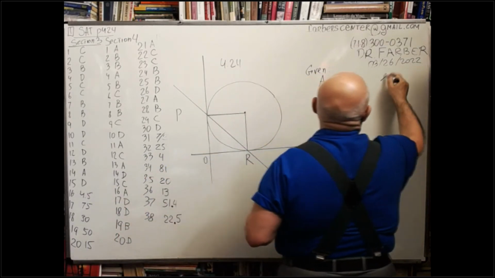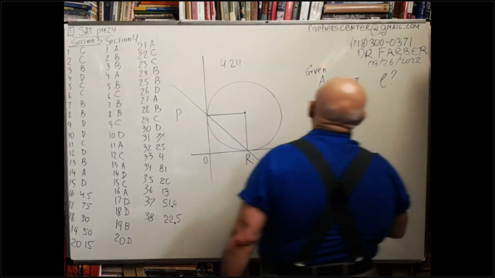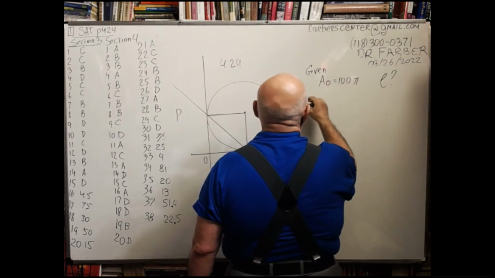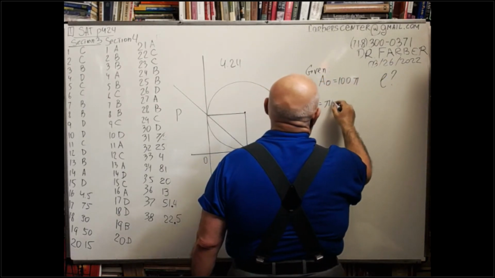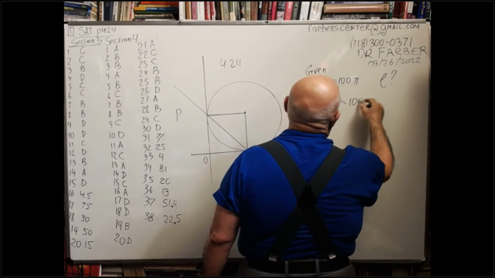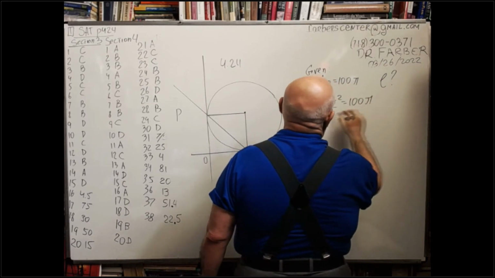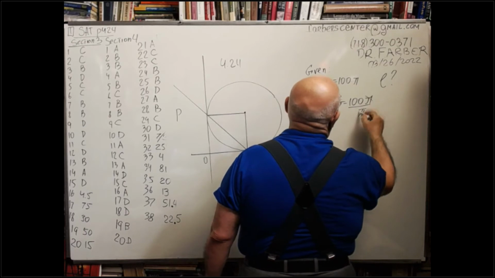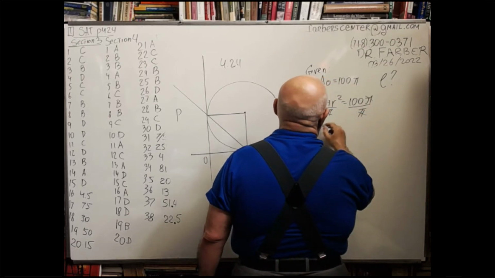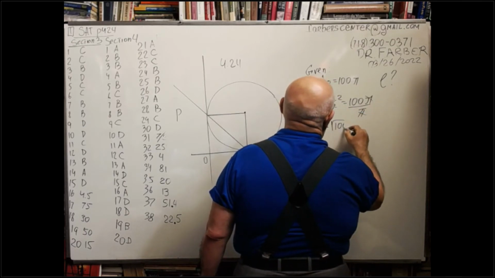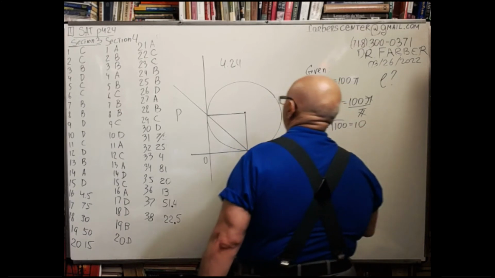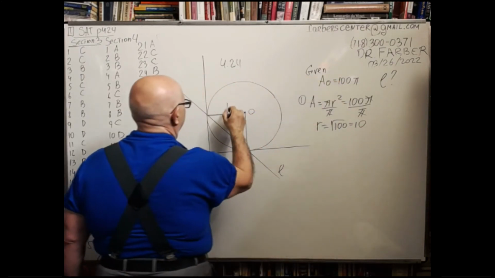Find L. Well, step number 1. Area equals pi r squared equals 100 pi. Divide by pi. So r equals square root of 100, which is 10. So this is 10 and this is 10.